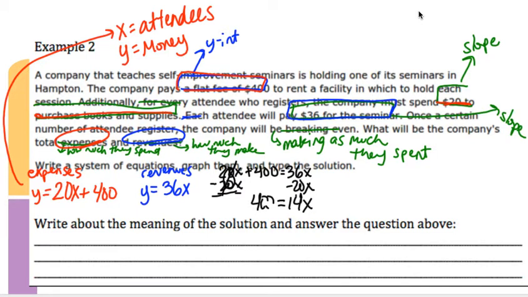So now I'm going to divide by 14. I'm going to do that off to the side here. So 400 divided by 14. I know that this is going to go in two times, I believe, 28.